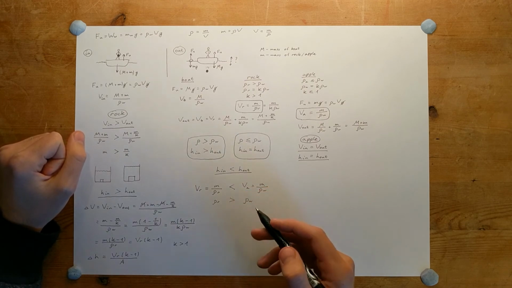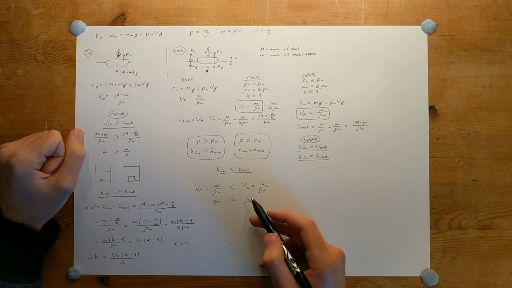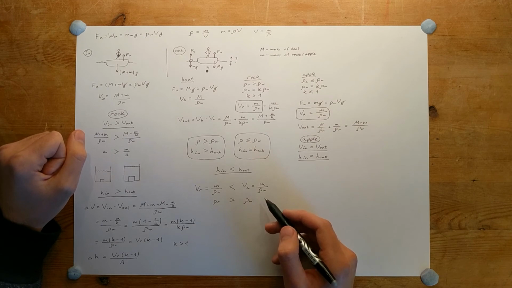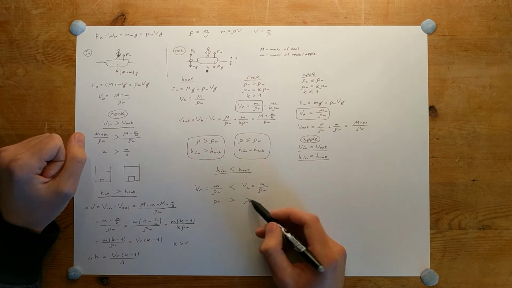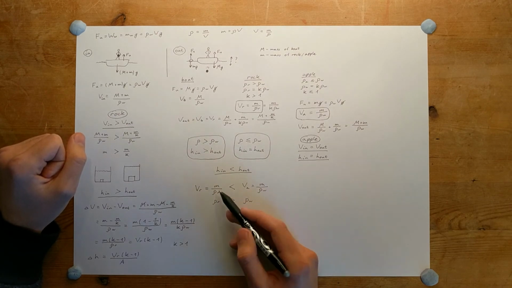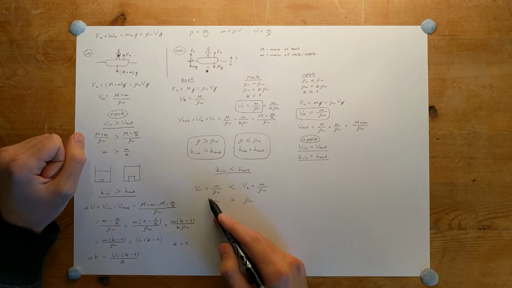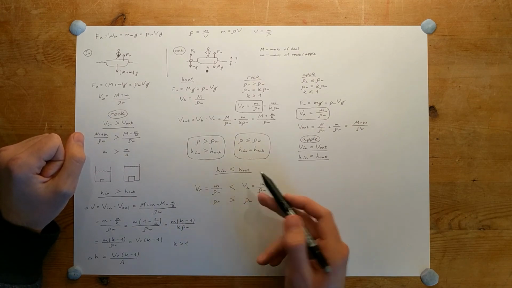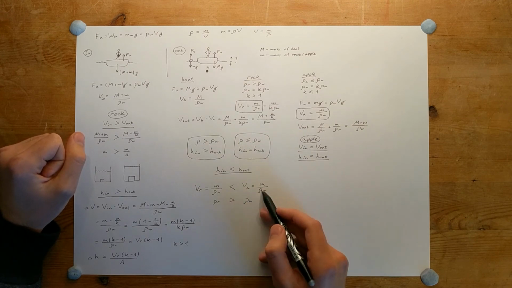Which means that the maximum volume which an object can displace is when its density is less or equal to the density of water, because in this case we use this formula. If its density is high, then we use this formula and we get less volume, and we want as much displaced volume as we can to increase h. But this is the maximum we can get.